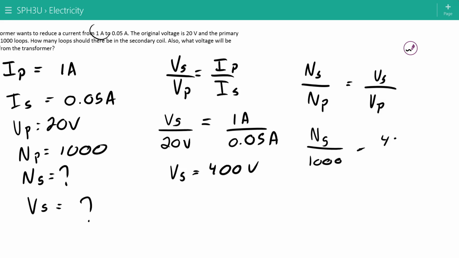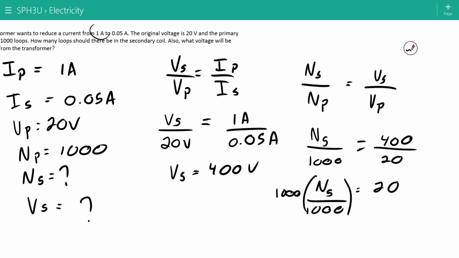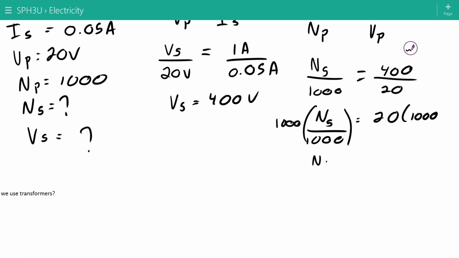I have a secondary voltage of 400, and a primary voltage of 20. If I multiply both sides by 1000, I would see that I need 20,000 coils in my secondary transformer.